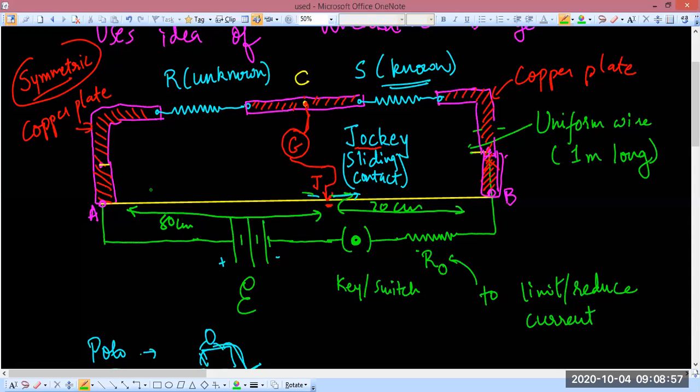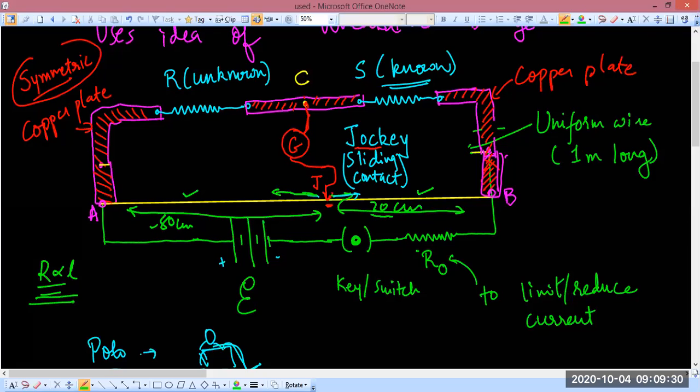The resistance of this part and this part are proportional to the length. I hope you remember that R is proportional to the length. If you slide the jockey towards the left, the length on the left side will decrease and the length on the right side will increase.